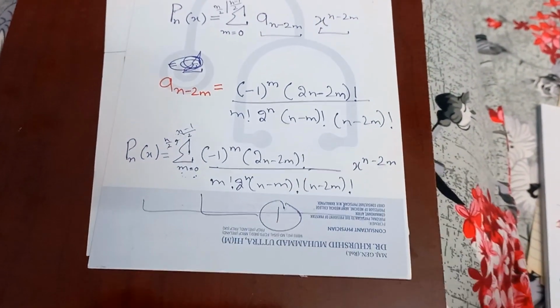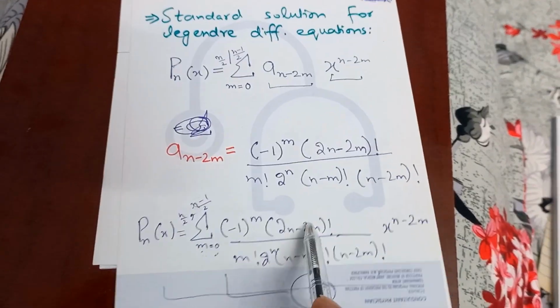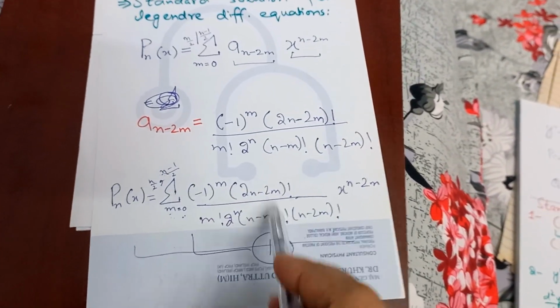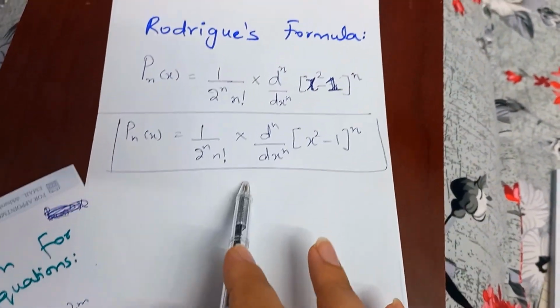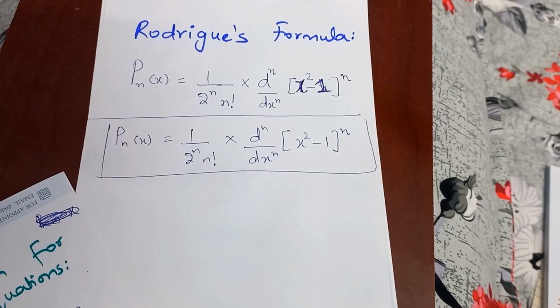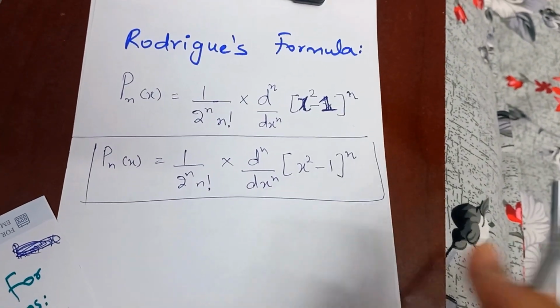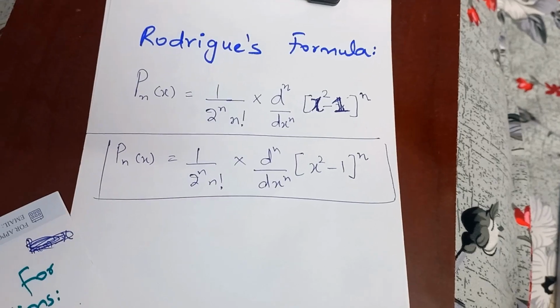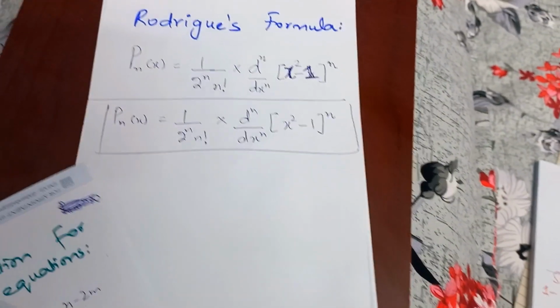If you are asked, or if it is mentioned, then you should know that this is the standard solution in this series form. This is the alternative formula for the solution, the Rodrigues formula, and it is normally used in proving the orthogonality condition for Legendre differential equations. We'll see that as well later on because it's a kind of problem related to them.